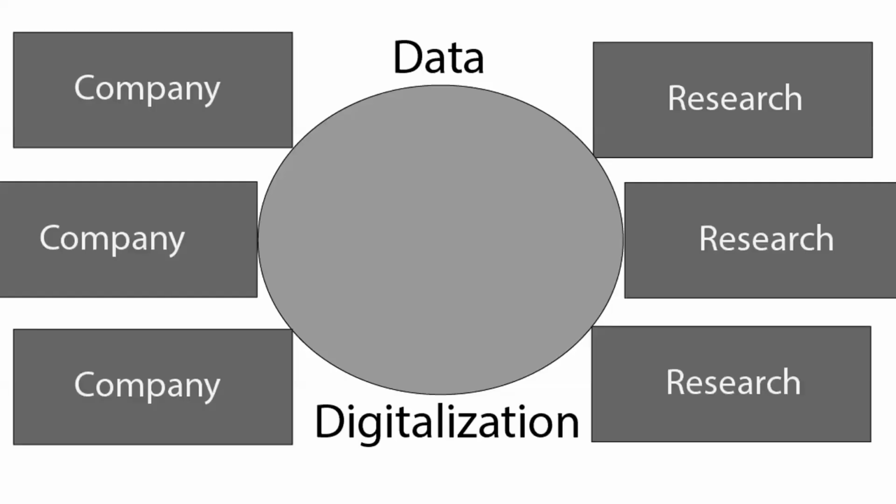So if you are creating a pool in a certain priority area, for example, and you have several research players and several companies, the researchers can make their data available. Companies can have outcomes of the data, and this is controlled by the digitalization. Then it's a higher probability that there will be matchings of findings from the research to the company.